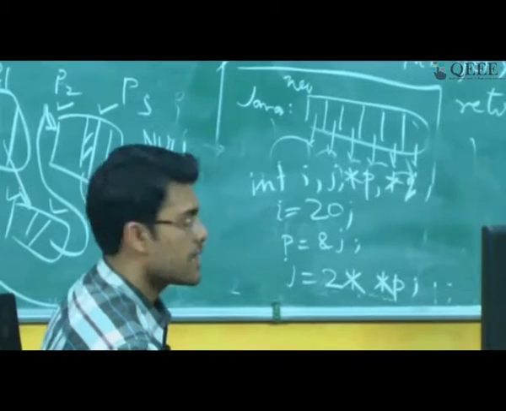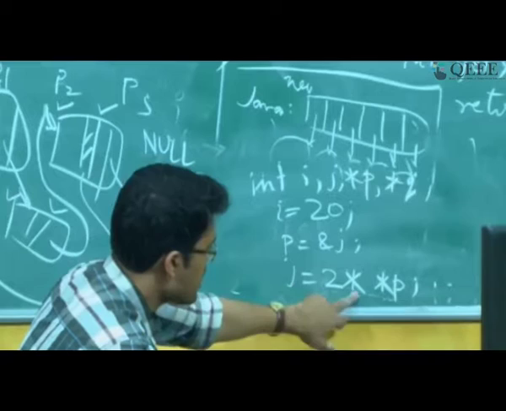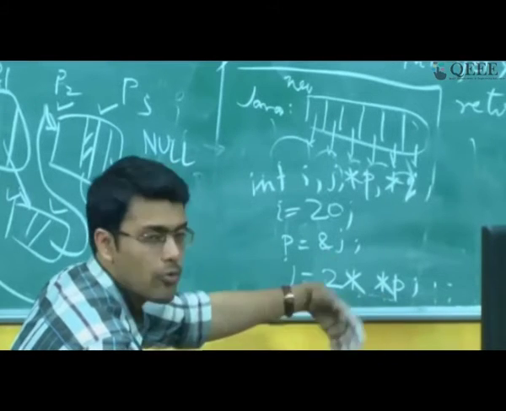And then the question is, is this an operator overloading for star? So whether this star and this star, let us try to figure out what is happening in this case.